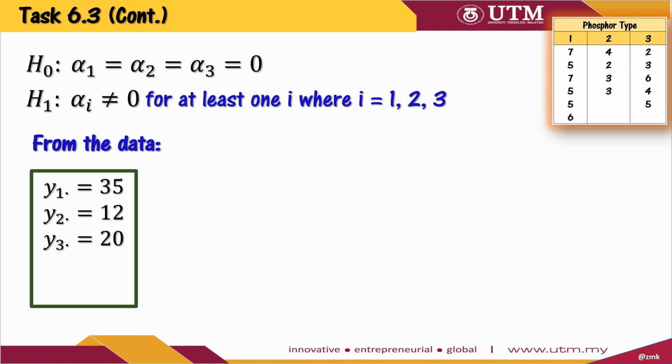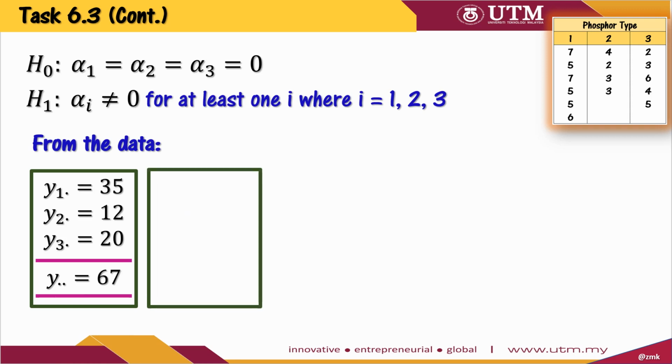The sum of these level totals is the grand total y double dot given by 67. You can also identify the level sample sizes where N1 is 6, N2 is 4, and N3 is 5. The sum of these sample sizes is the total sample size denoted by capital N given by 15.